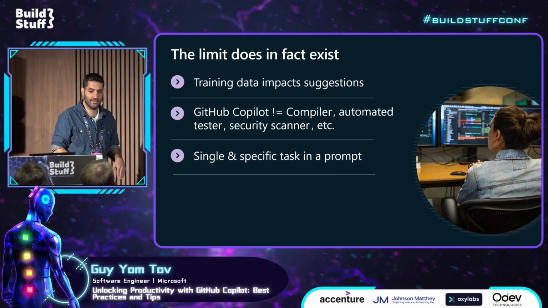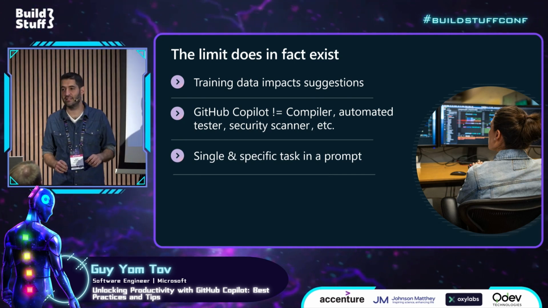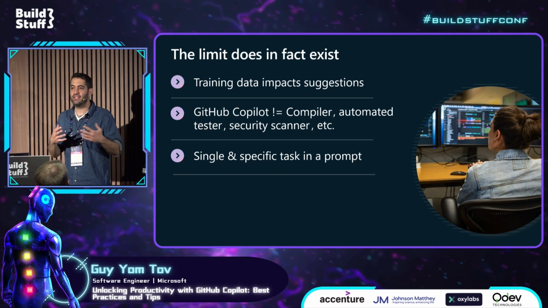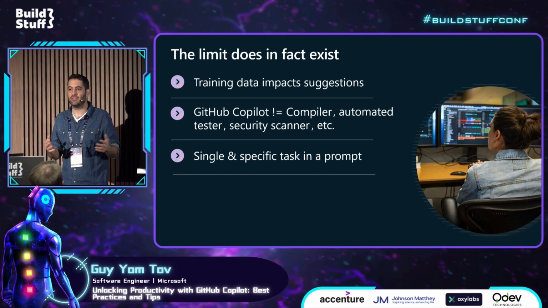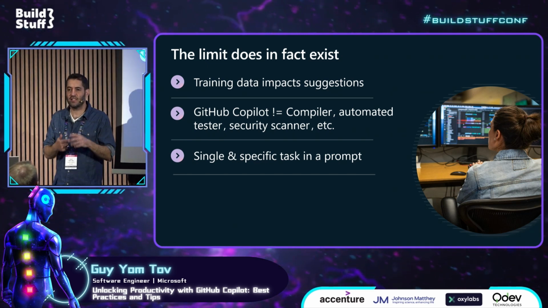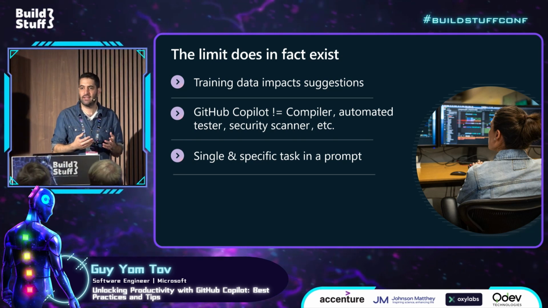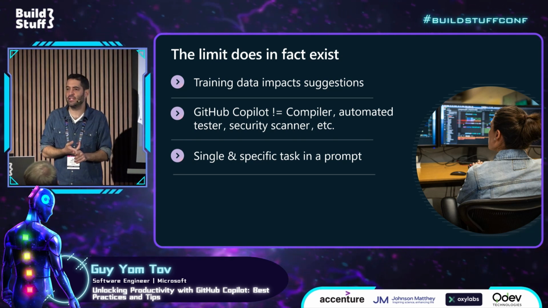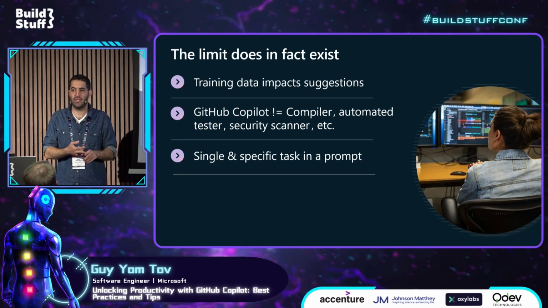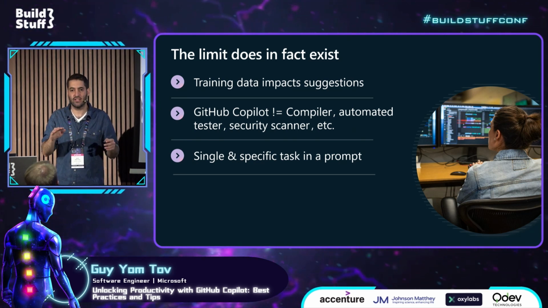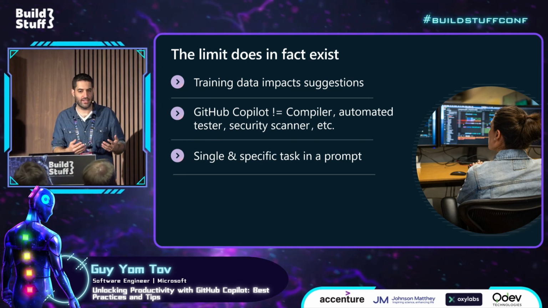Try to be single and specific in the tasks that you're giving it. If you're giving it a huge prompt, like I want a project that does X, Y, Z, and I want a file and another file, it will probably either not do a great job, or start to do a great job and then end in the middle because it ran out of tokens, because we have limitations.